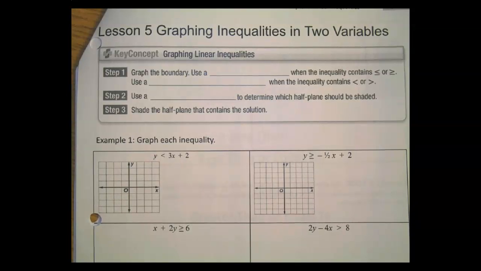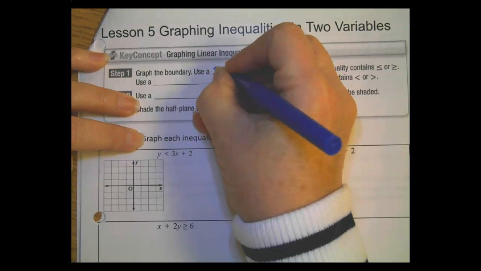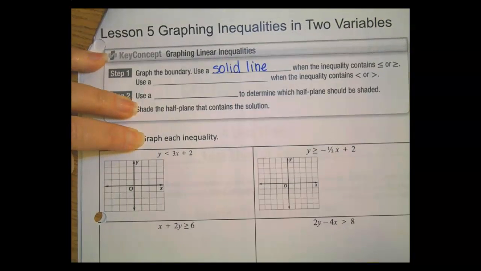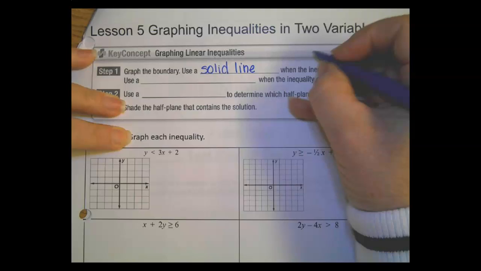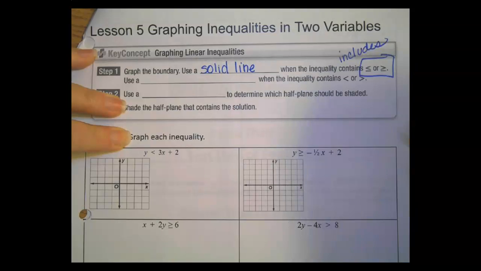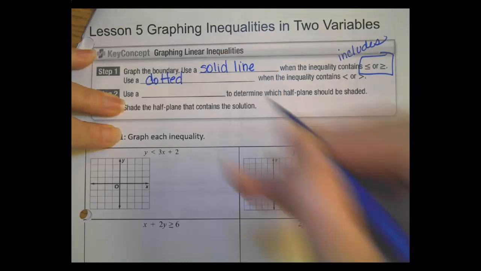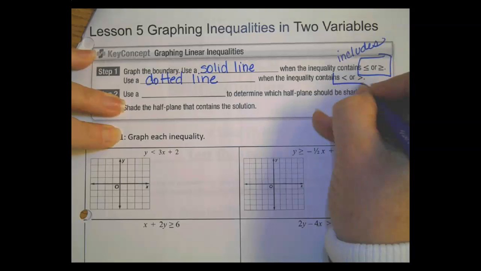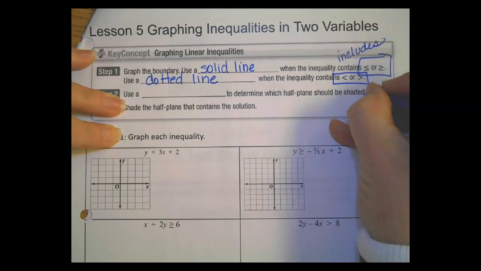Graph the boundary using a solid line when your inequality contains these. Because that includes those values. You're going to use a dotted line or dashed line when your inequality looks like that, because it does not include them.